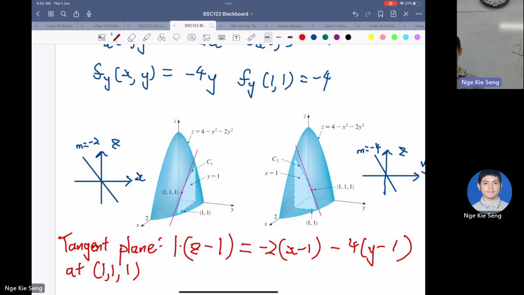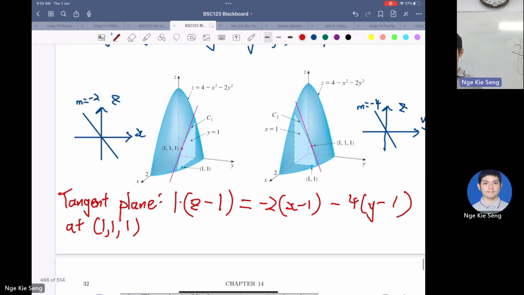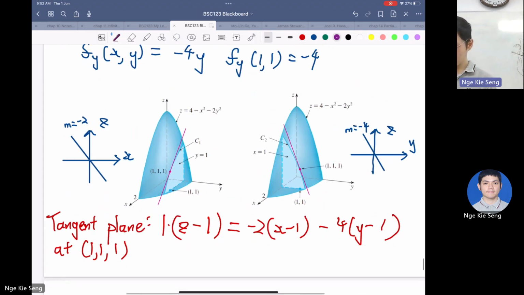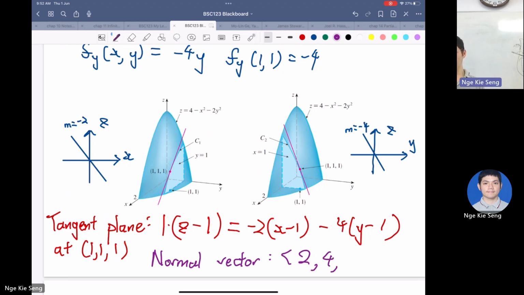Okay, so what's the normal vector of this plane? Last time you learned already, right? What's the normal vector? Not negative 2, 4, and 1. Okay, 2, 4, and 1. Sure, but it's in the other direction.